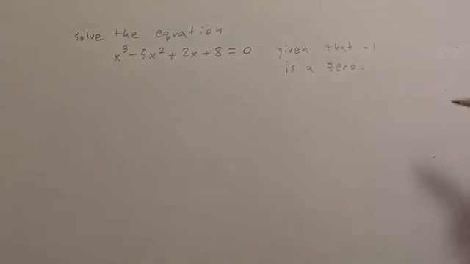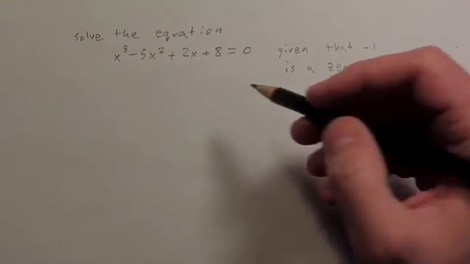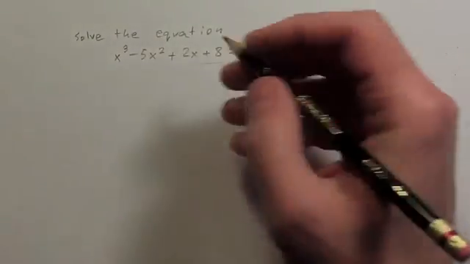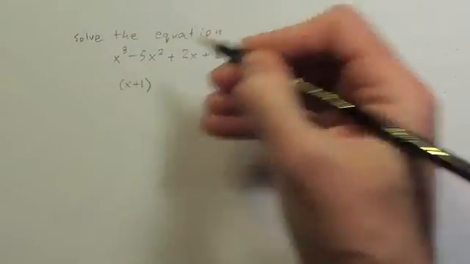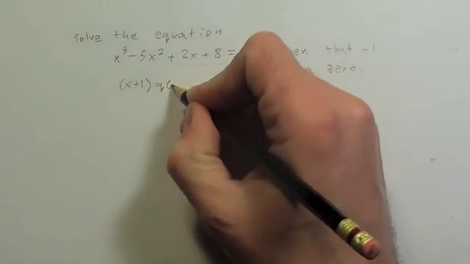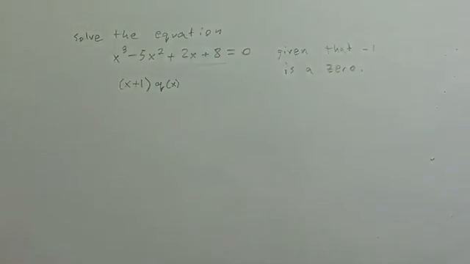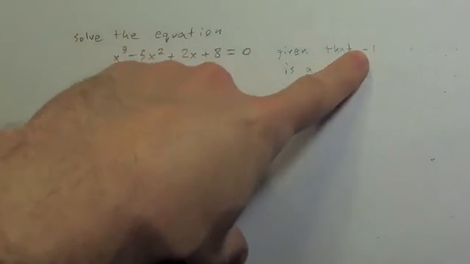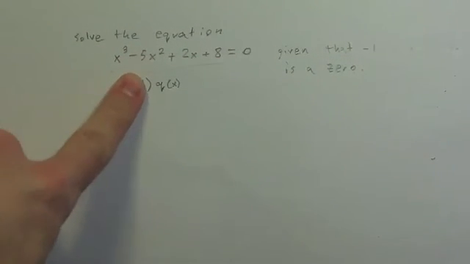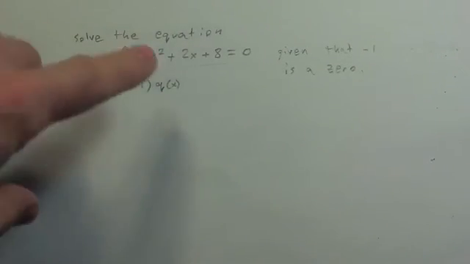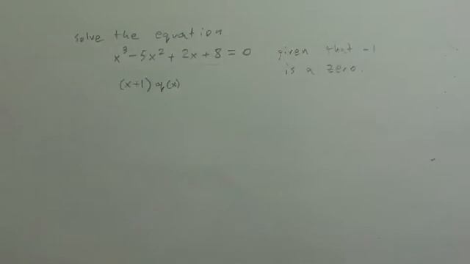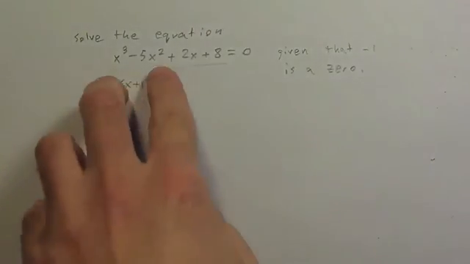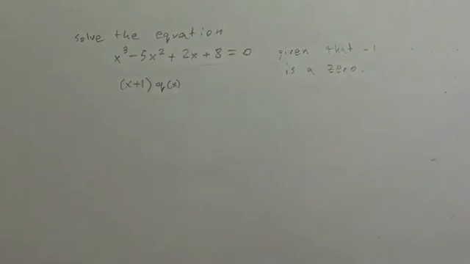What this means is that if -1 is a zero, this thing should be able to factor into x plus 1 times something else, which I'll call q. I know that because if I plug in -1, x plus 1 goes to 0, so I have 0 times whatever is left over, which comes out to be 0. So this polynomial should factor into an x plus 1 times something else.